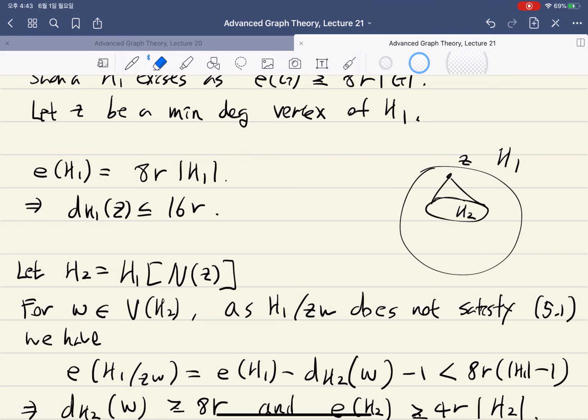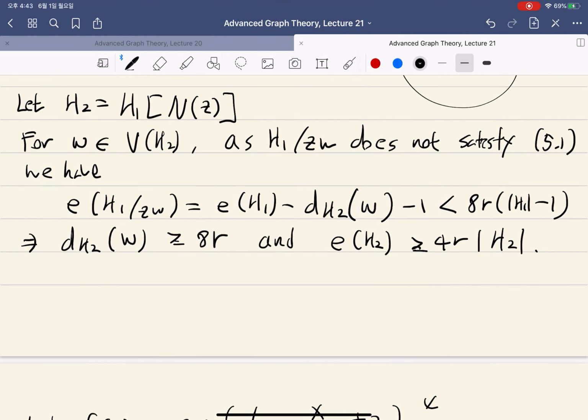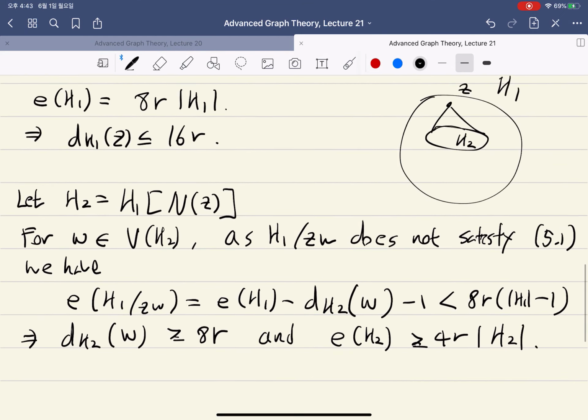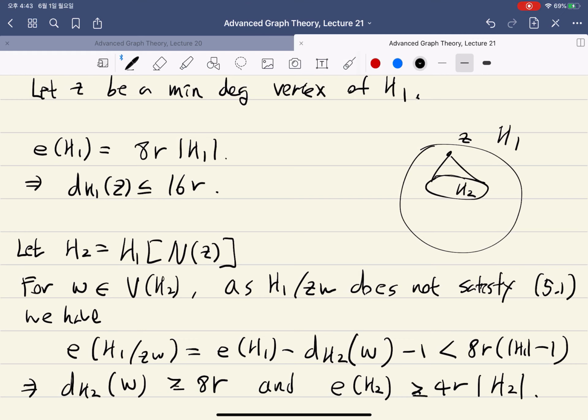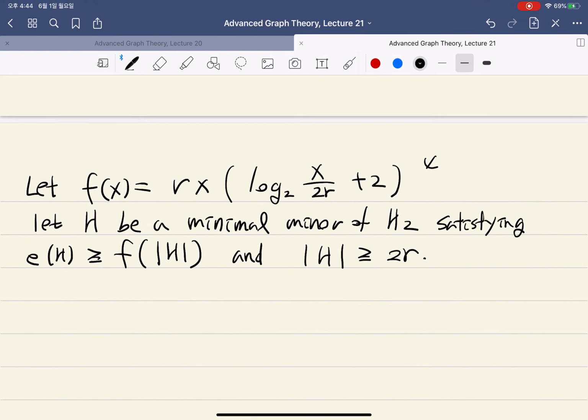Yeah, there was some computation that I did wrong. Let's try to fix it. So we know that H2 has at least 16R vertices. So let's try to fix this by doing this 4R.